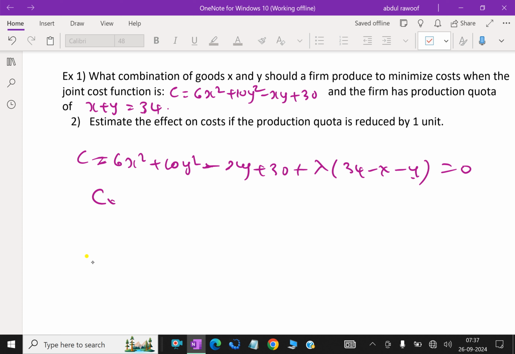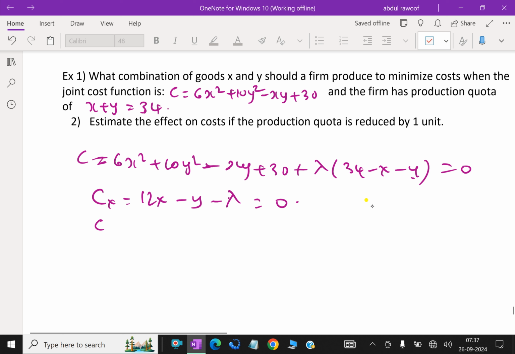Then Cx, the partial derivative with respect to x, equals 12x minus y, because the derivative of xy is y, minus lambda, because here lambda times x gives minus lambda, and this equals 0.